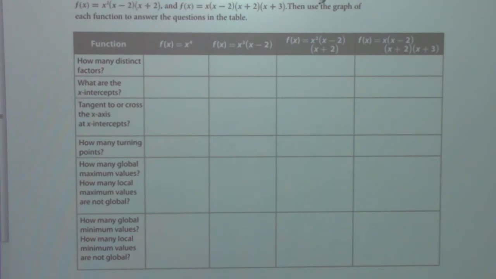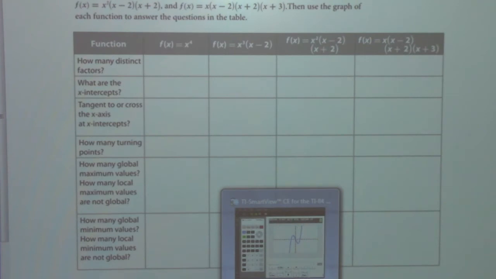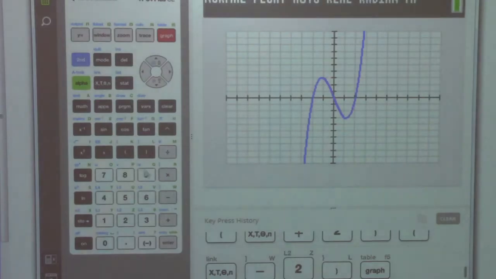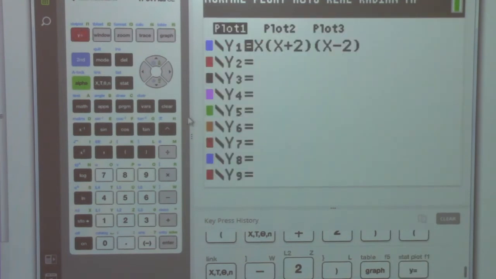Now here we have these ones here. We have x to the 4th. We have this one here, x cubed times quantity x minus 2, and then we have x squared times x minus 2 times x plus 2, and then we have x in all these. So we've got four different things to look at here. And so this gets back to our cheerleading, doesn't it?